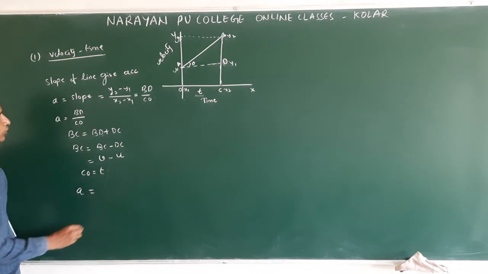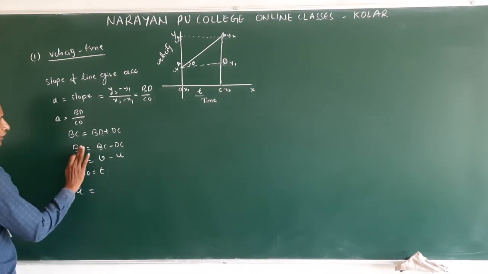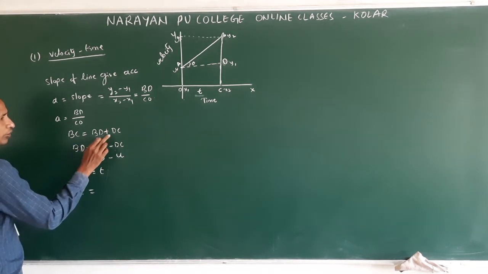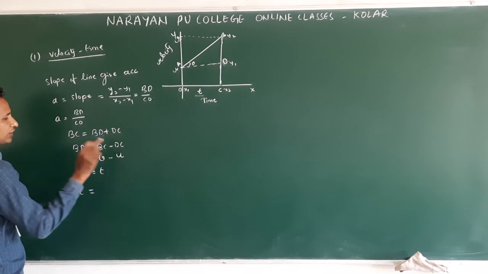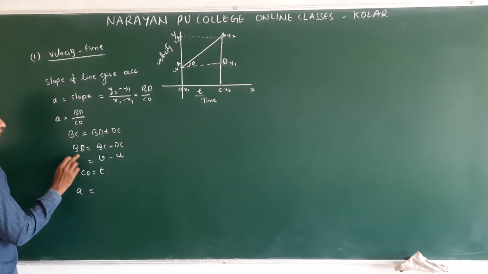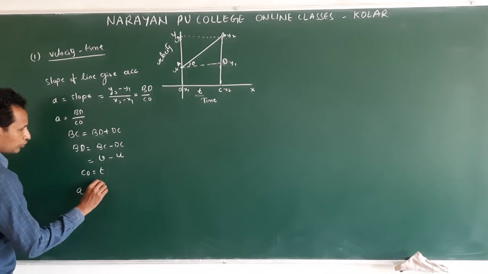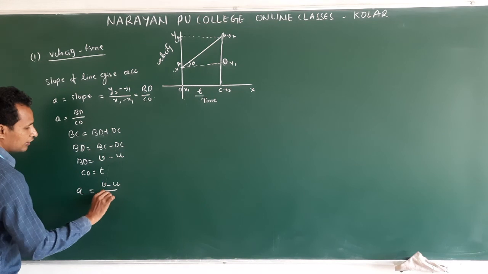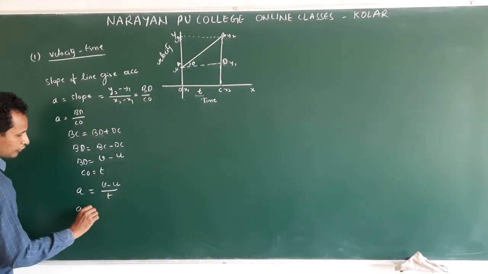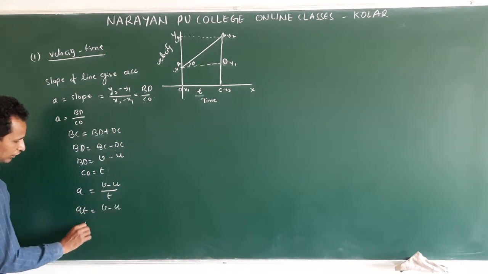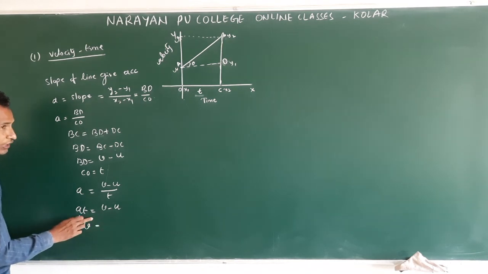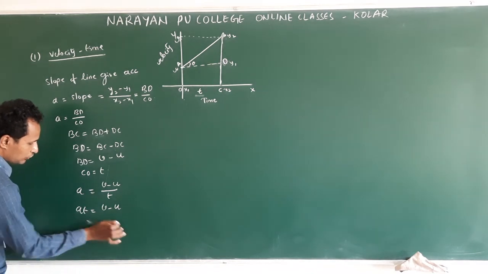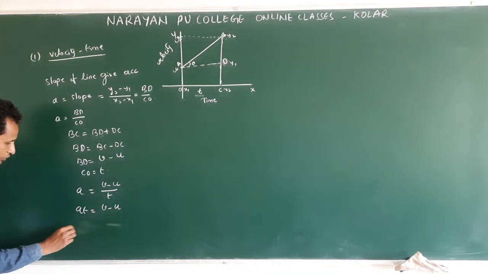So A is equal to BD by T. We make BD the subject: BD is equal to BC minus DC, which gives V minus U. So A is equal to V minus U by T. So AT is equal to V minus U. We require V, so minus U comes to this side and becomes plus.